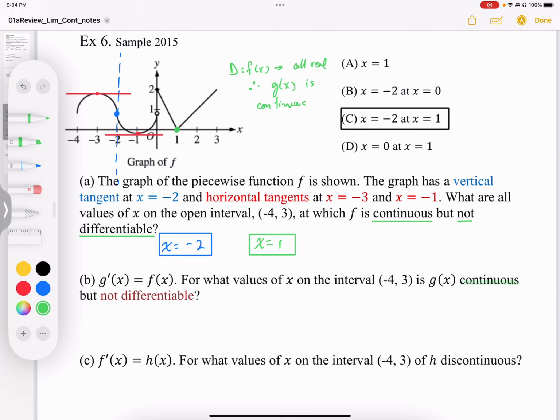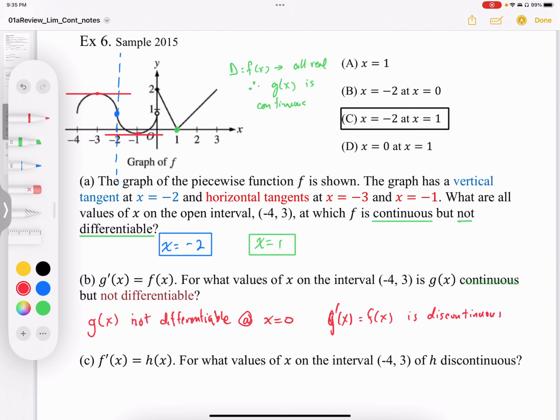Now, where g is not differentiable is where f is discontinuous. So g is not differentiable at x equals 0 because g prime of x, which is f, is discontinuous there.